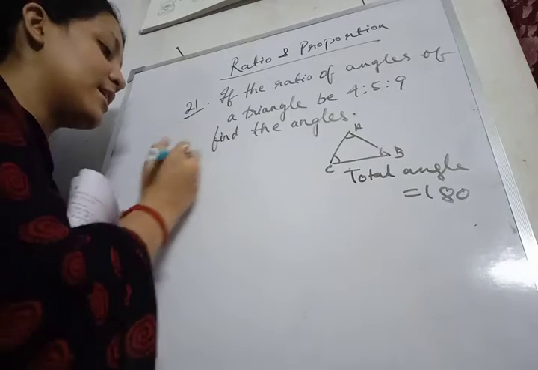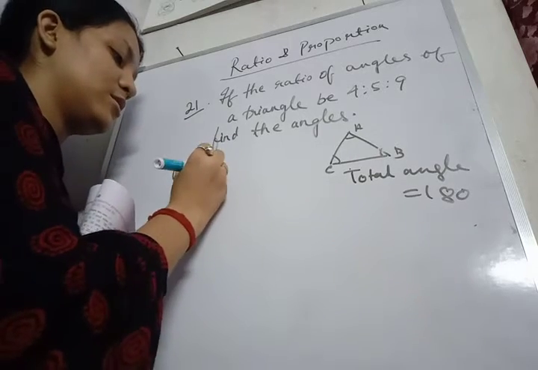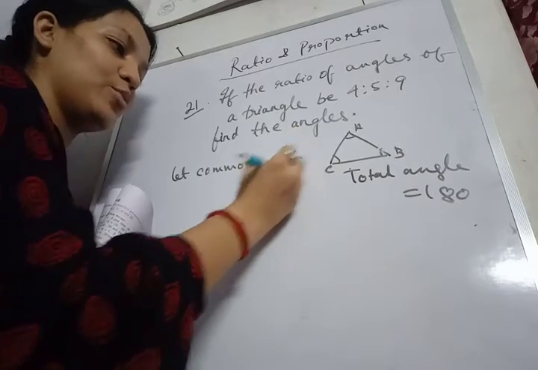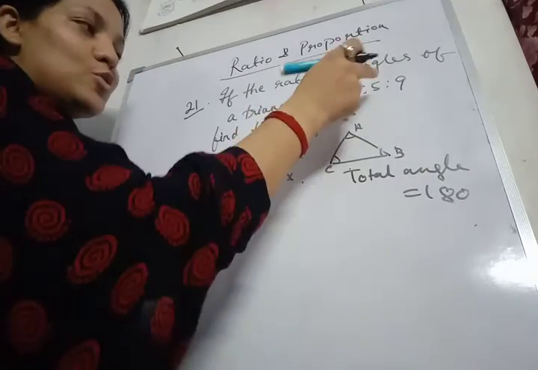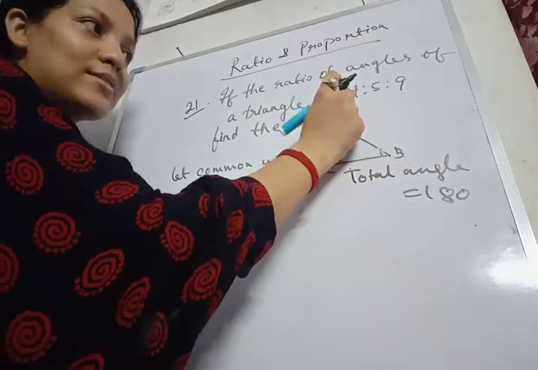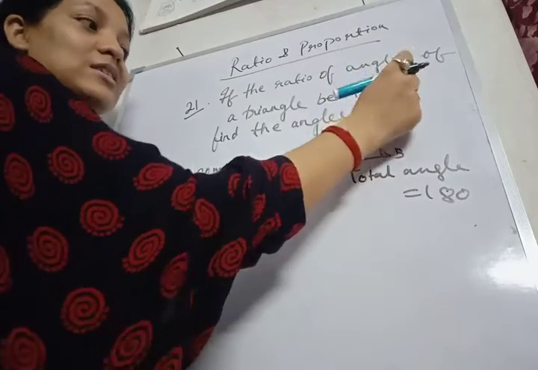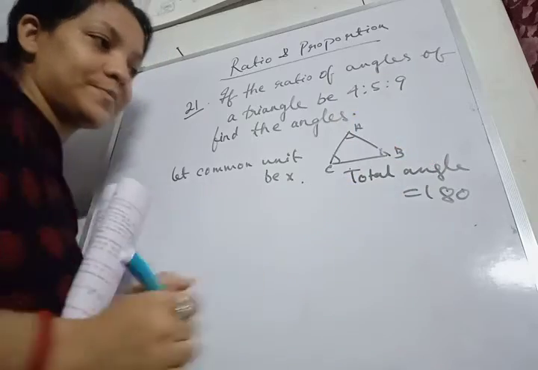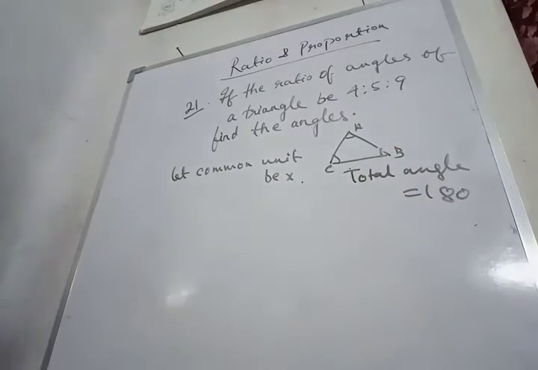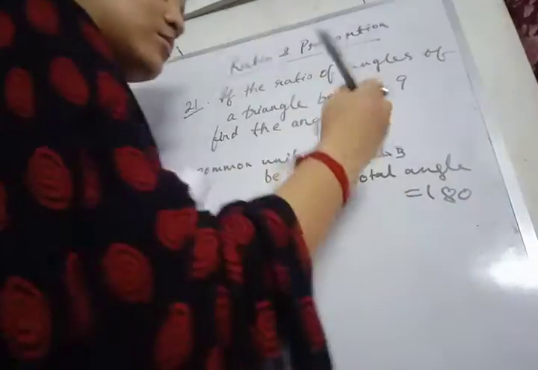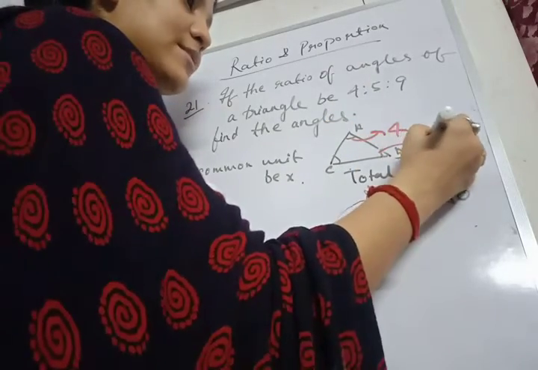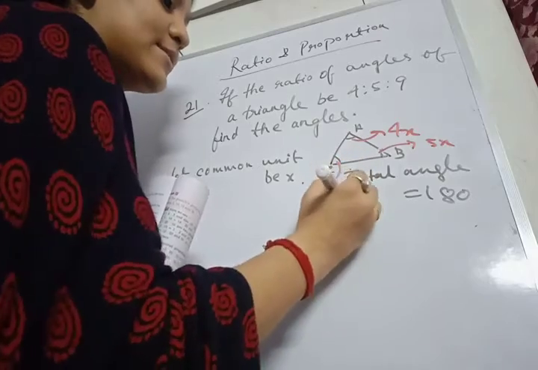So if I consider, let common unit be x. So I can say the first angle will be 4x, second angle will be 5x, third angle will be your 9x. Suppose this one is your 4x, B is your 5x, this one is your 9x.